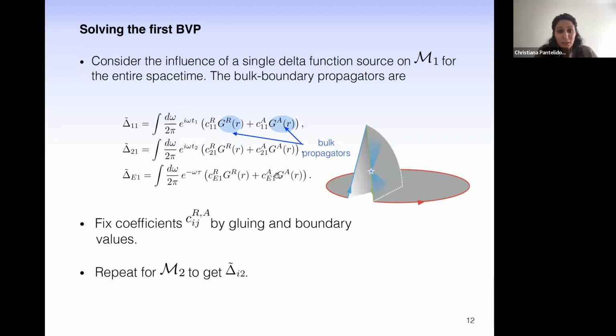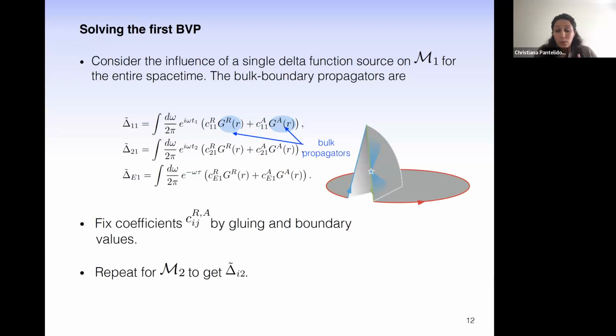It turns out that this is a very simple thing to do, because we have 6 unknowns and we have 6 conditions to impose. 3 of those conditions come from imposing boundary conditions, and 3 more come from imposing the matching conditions on the joints. So it's a very simple computation to get all these 6 constants, C_IJ^R and C_IJ^A.